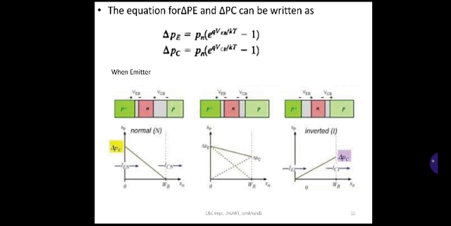That is because the collector becomes the emitter here, and it is injecting the holes. If you call it delta PC, the meaning is the excess on the collector side of the base. Delta PC represents the excess hole concentration here at the collector side.